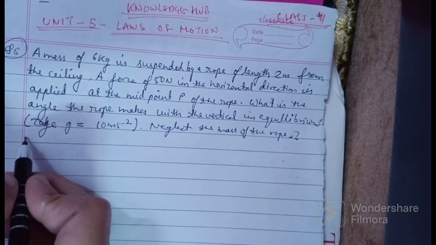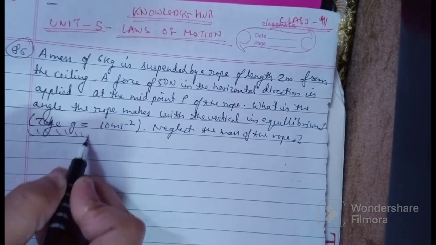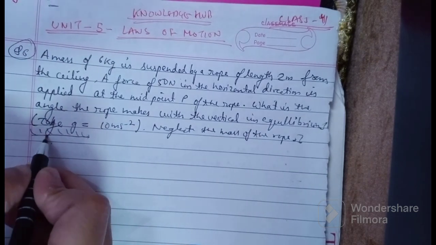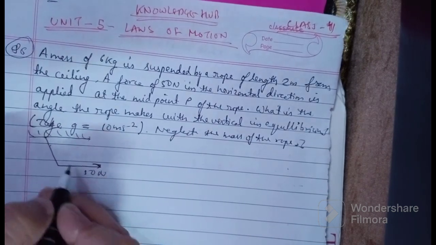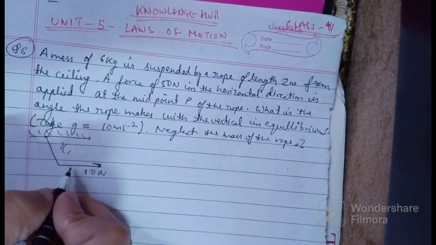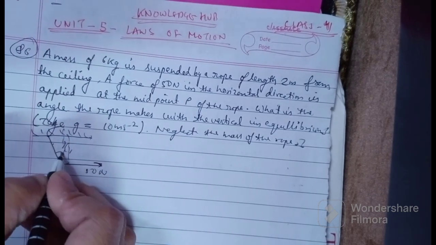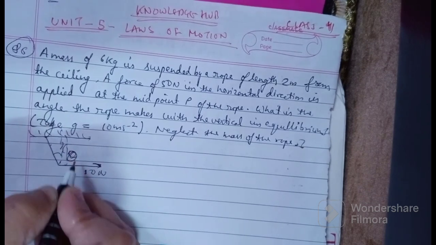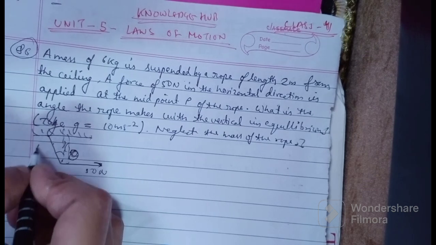We have a figure here. This is 50 Newton. The angle made is theta. This is 1 meter.